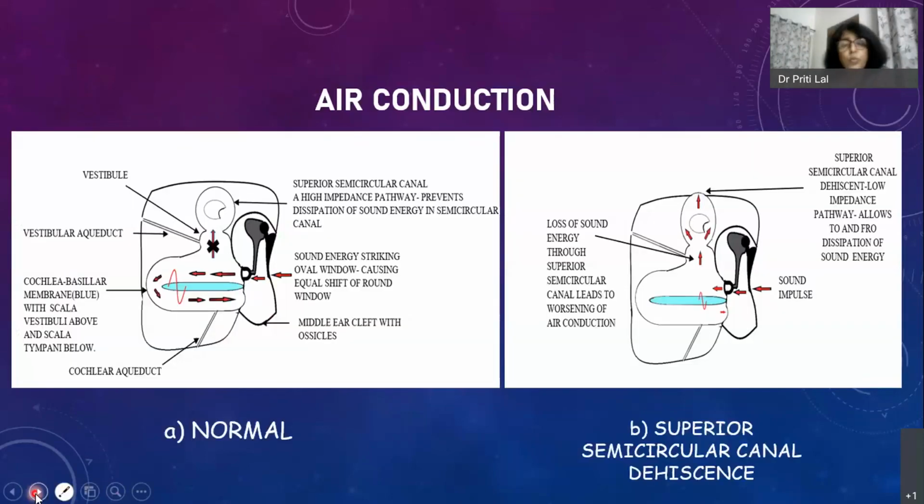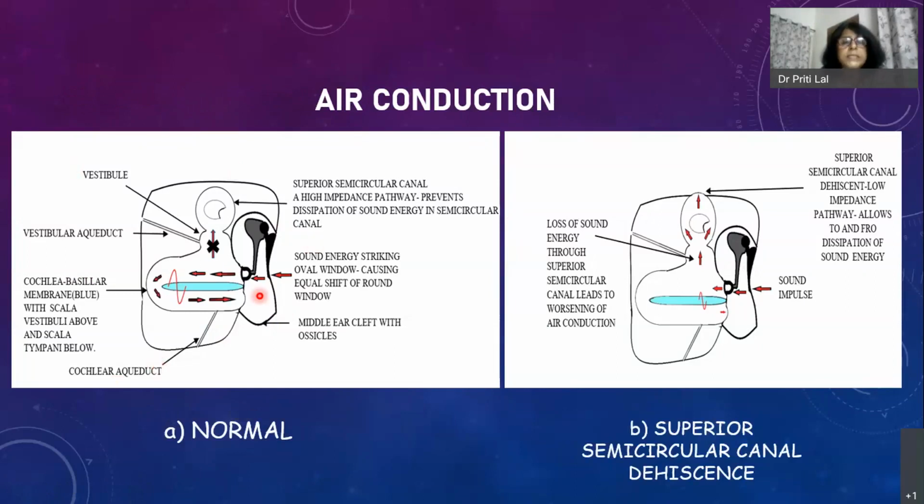Now, why do we get worsening of the AC thresholds and improvement in the BC thresholds? To understand this, let us first see what happens under normal circumstances, as depicted by the schematic picture.